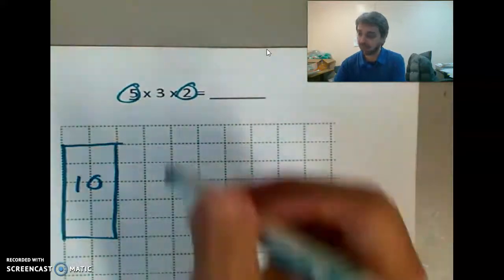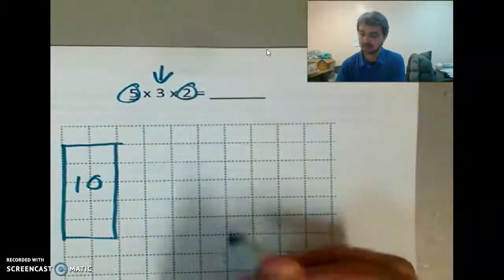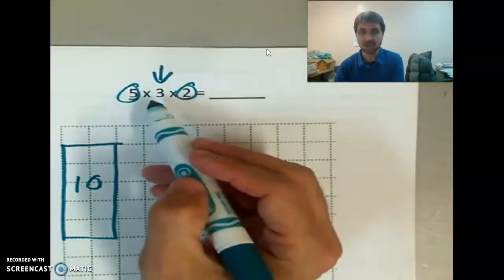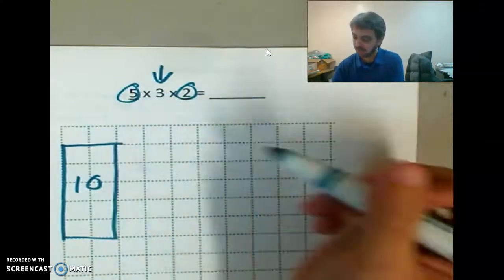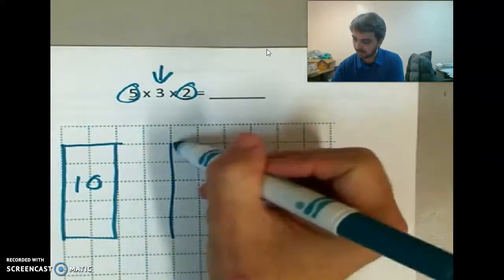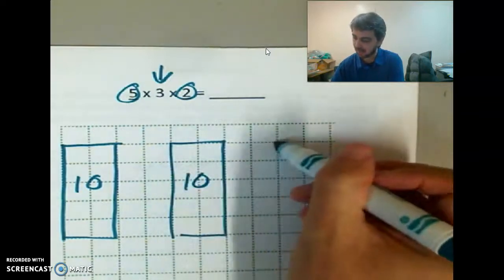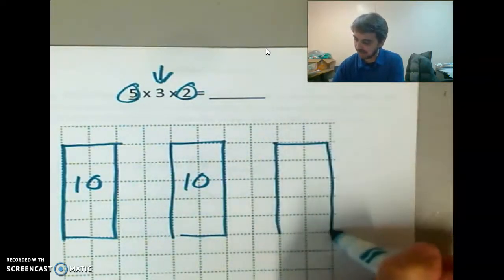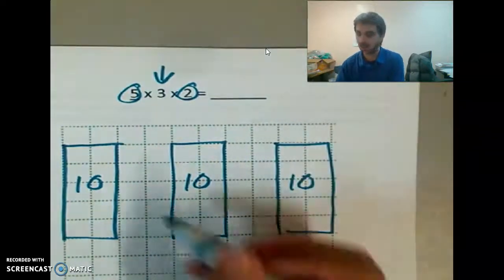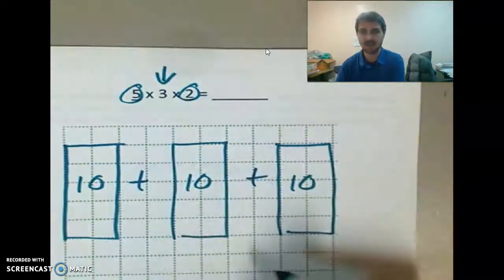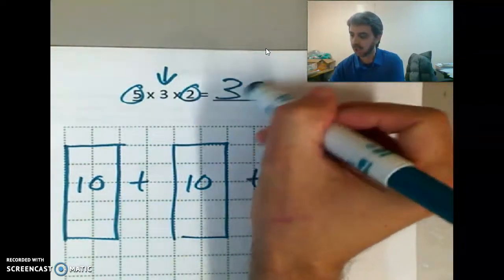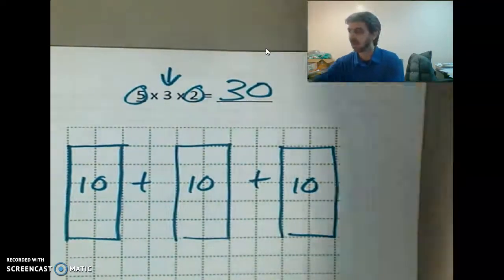But I have to do it 3 more times. I have to do 5 times 2, and now I'm going to multiply that by 3. So I'm going to do 10 once. I'm going to do 5 times 2 again and get 10. And I'm going to do 5 times 2 again and get 10. Well, guess what? What's 10 plus 10 plus 10? 30. 10, 20, 30. Okay?